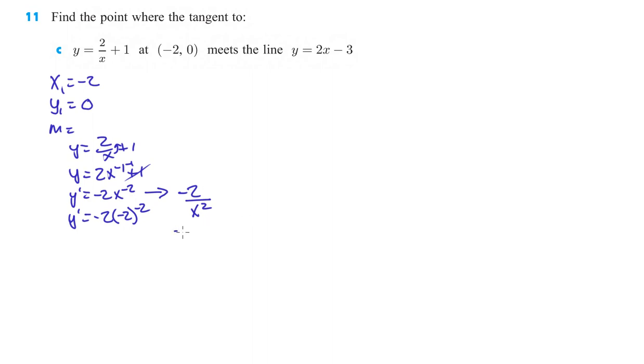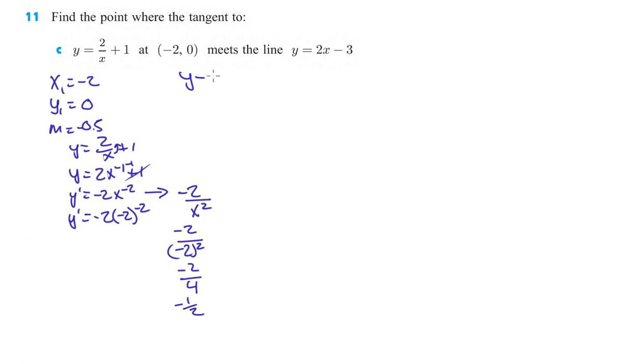So then this would be -2 over -2 squared. Negative 2 squared is 4, so this is just going to equal negative 1/2 for our slope. Let's do 0.5.